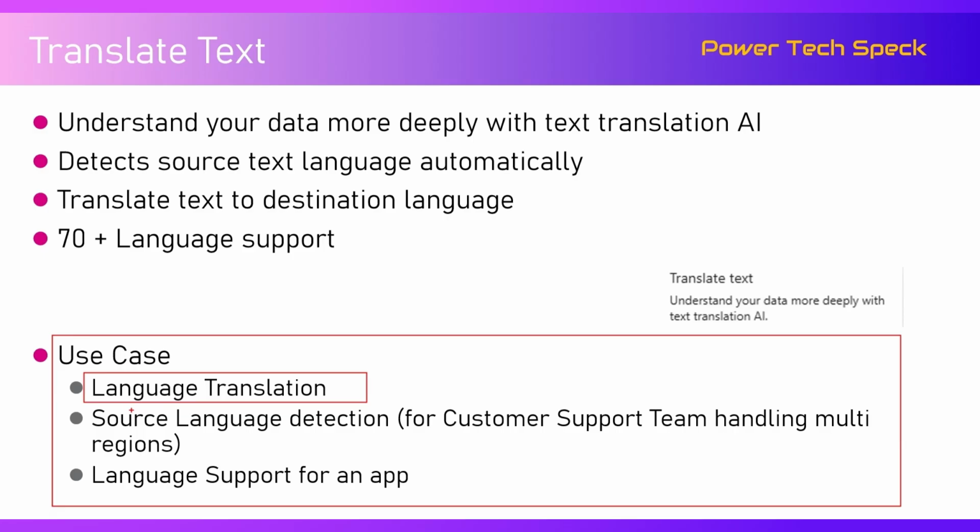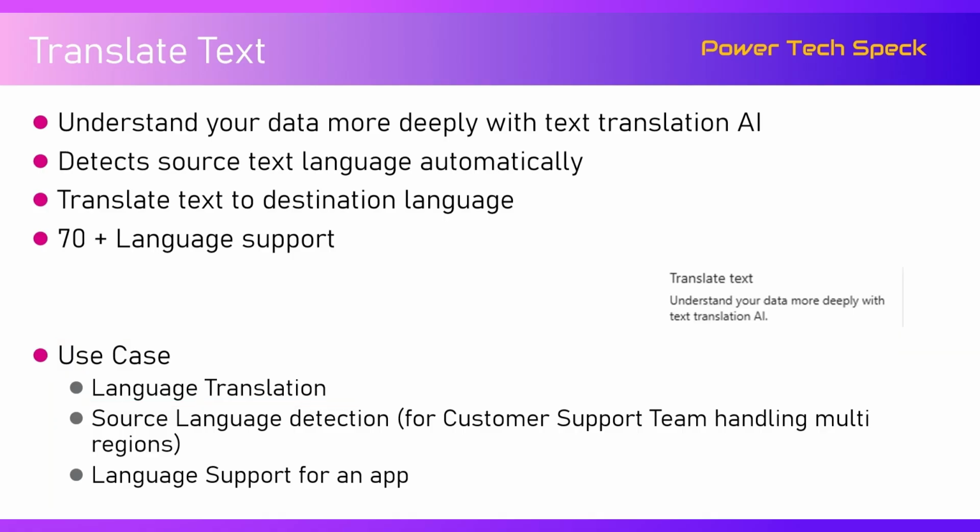For example, if you receive a ticket from Spain, then you reply back in Spanish. If you receive a ticket from France, you reply back in French. So basically, it's like providing language support for an application.